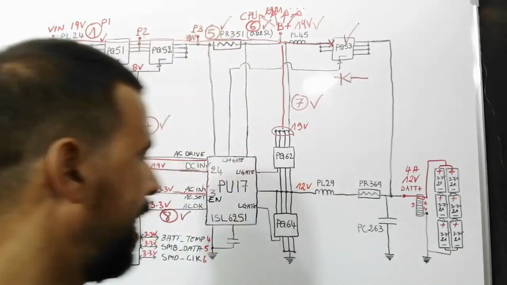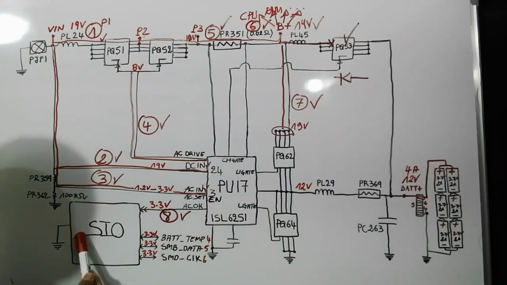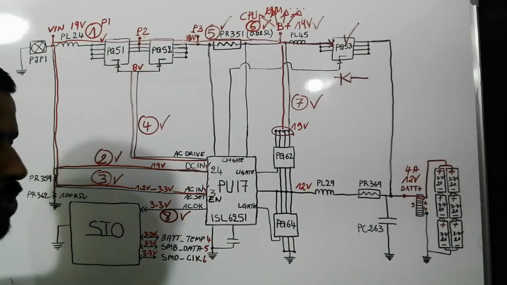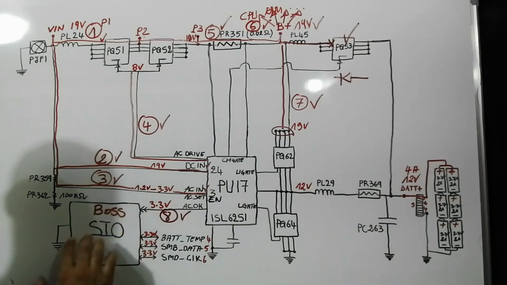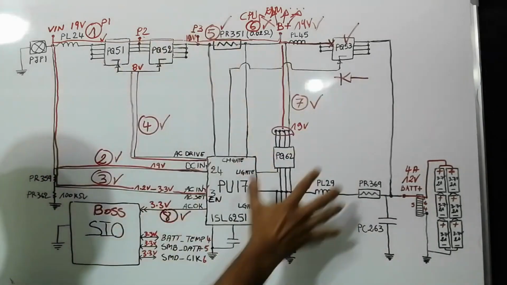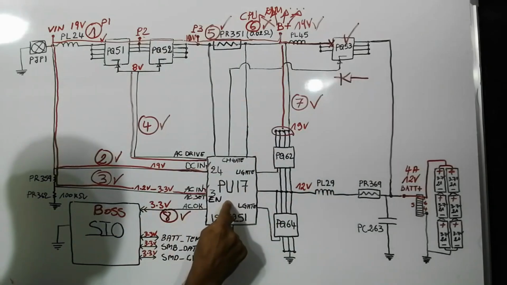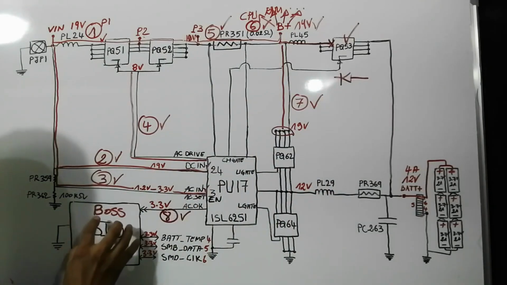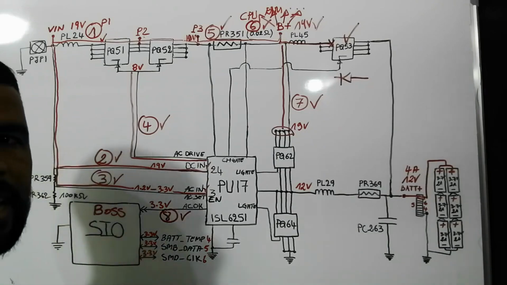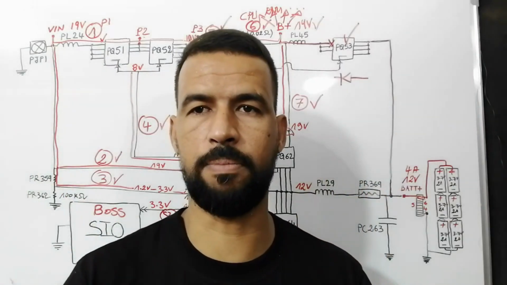The charge IC informs the SIO because this is the bus. Here we have the bus, the big bus in the charge circuit. The charge IC always refers to its bus. That's why this IC is the one that manages the whole power in the motherboard.